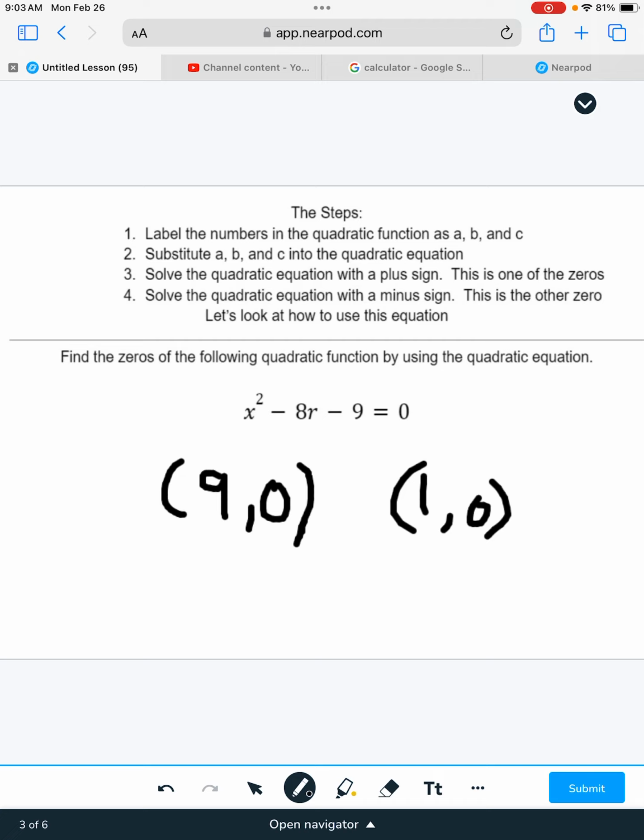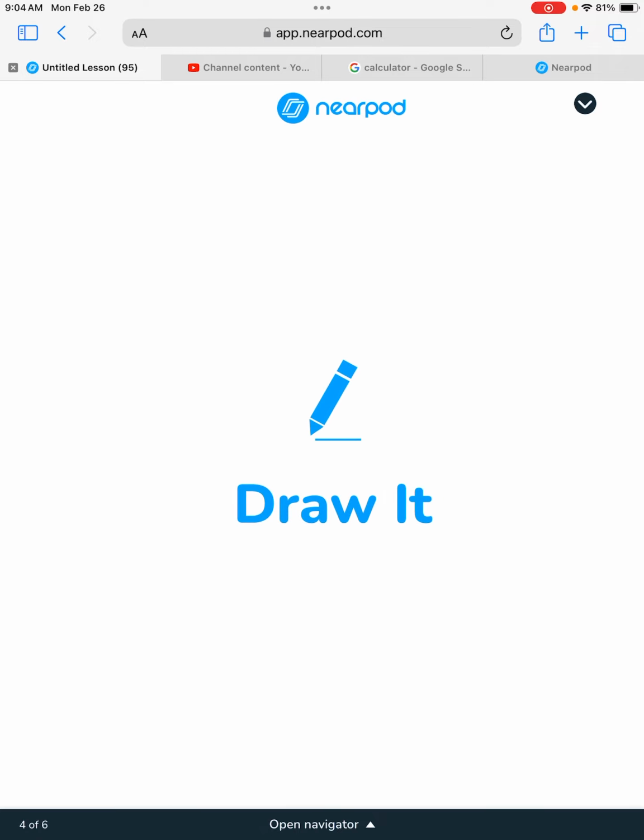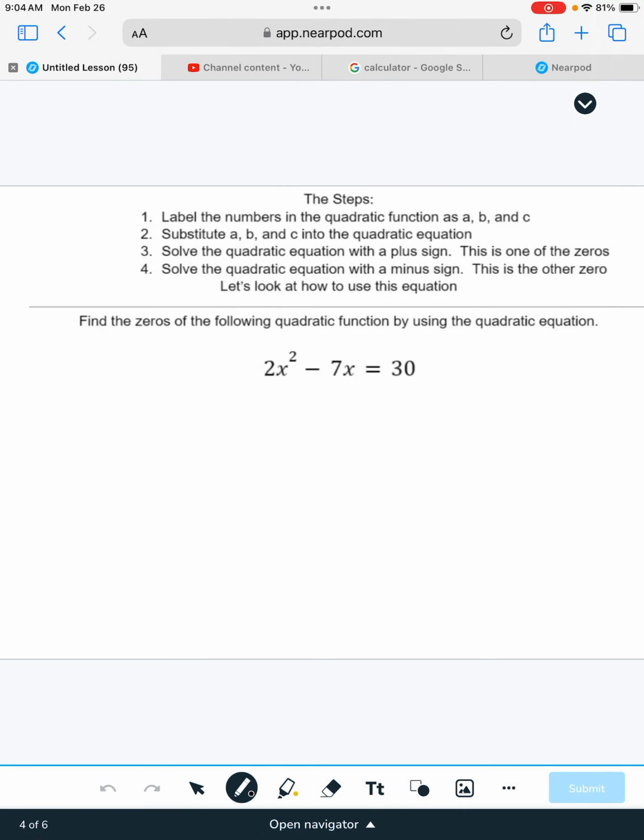Now, is it always that easy? No. It is going to have some moments where it does get a little bit more difficult. Those difficulties are going to come from equations that are set up a little bit differently than what you just saw, where the plus sign or the minus sign are in a different place. That's like on this screen here, where it's 2x squared minus 7x equals 30.